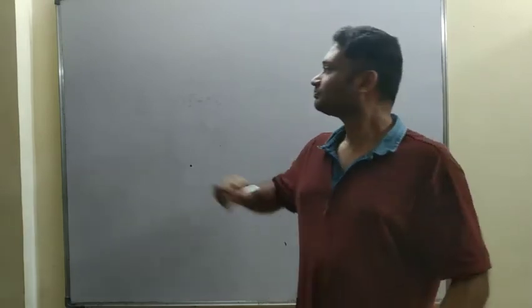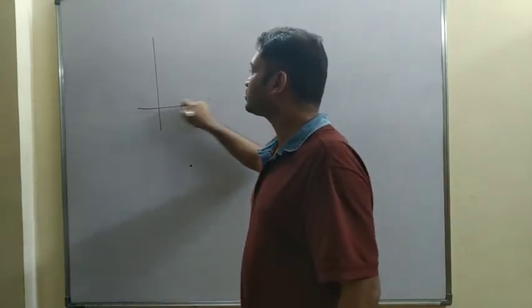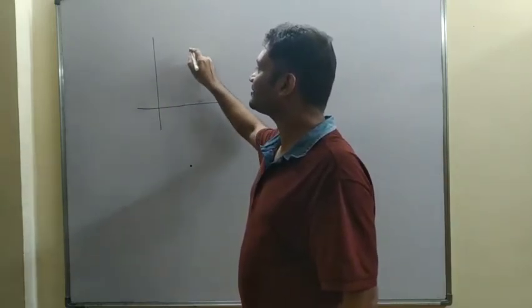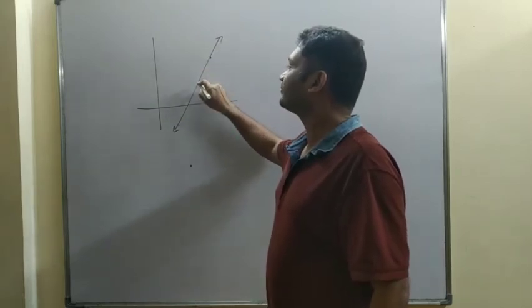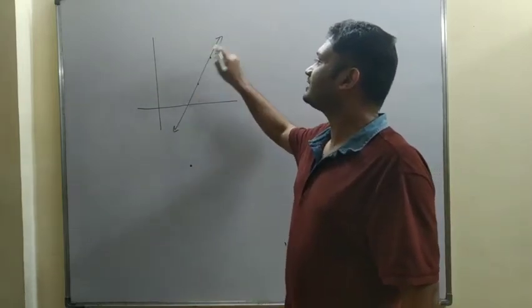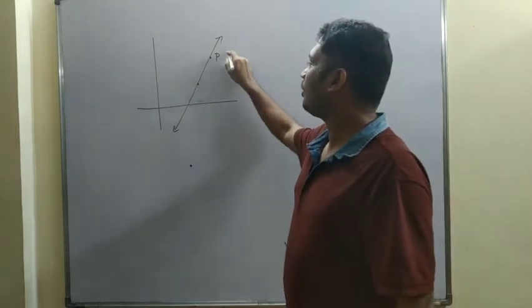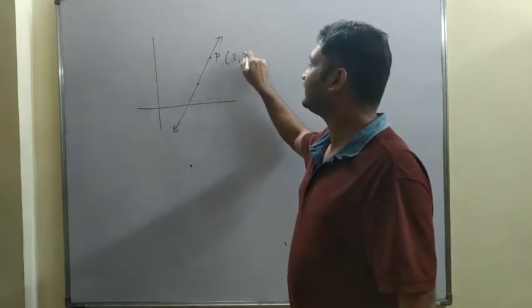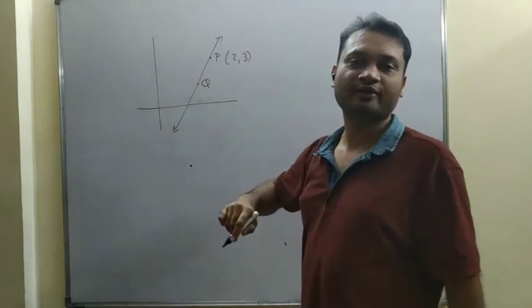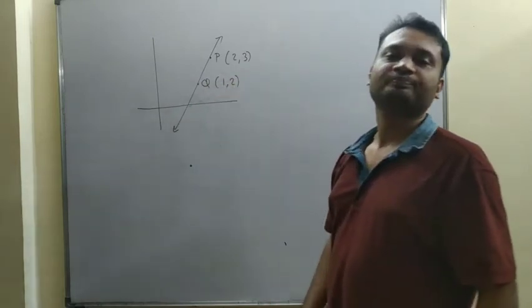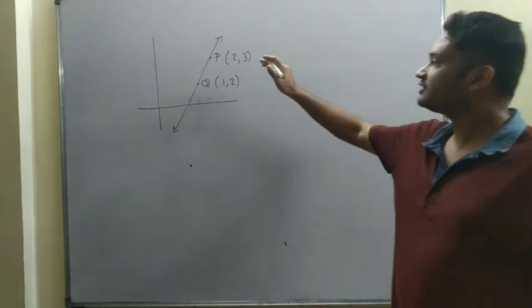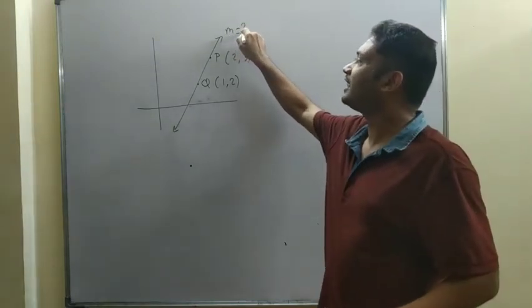For example, if we want to find the slope of a line, let us say something like having 2 points. Let us say one point is P having coordinate 2, 3 and another point Q having coordinate, let us say 1, 2. So in this case, what is the slope of this line?